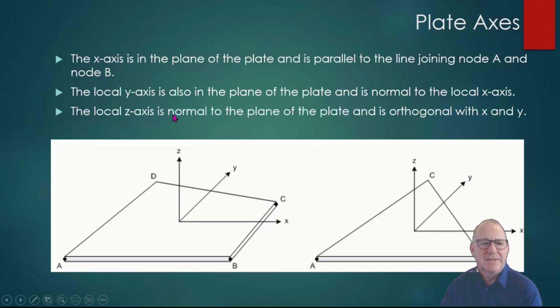The local y-axis is also in the plane of the plate and is normal to the local x-axis, so 90 degrees to the x-axis. So the local z-axis is normal to the plane of the plate and is orthogonal with x and y. So this is how you can end up with your local axes in opposite directions, depending on how you defined your plates. So it's useful to use the cleanup tool to make them make a bit more sense.